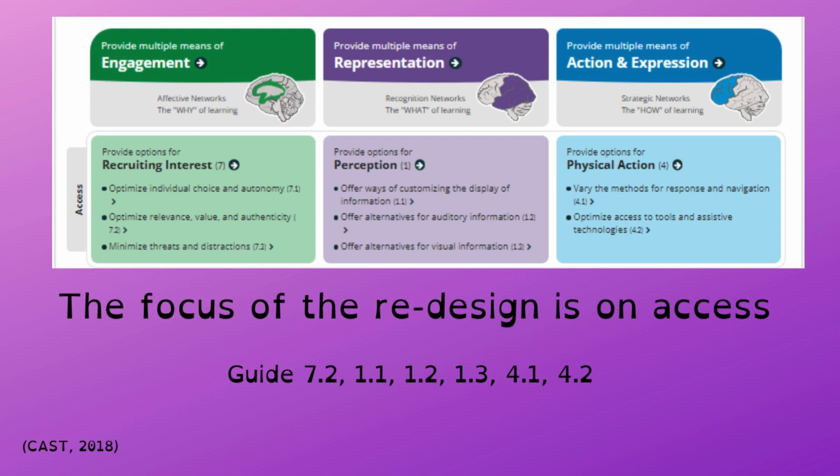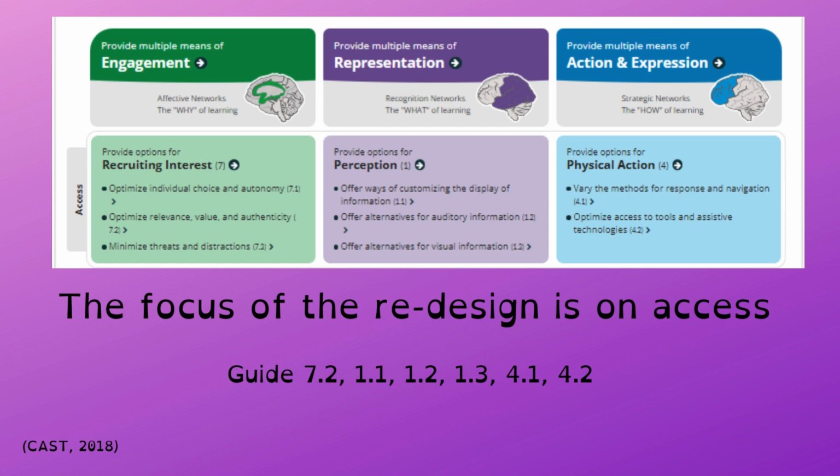My redesign will concentrate on access. In the CAST.org framework, I will be using the guideline from engagement, 7.2, Optimize Relevance, Value, and Authenticity. And then in representation, it will be 1.1, 1.2, and 1.3.